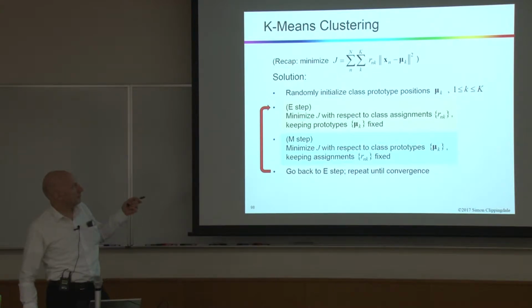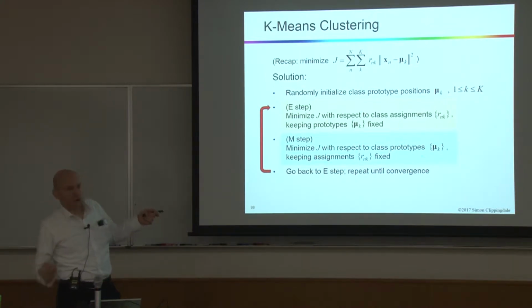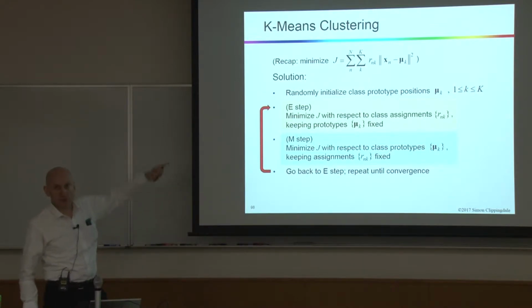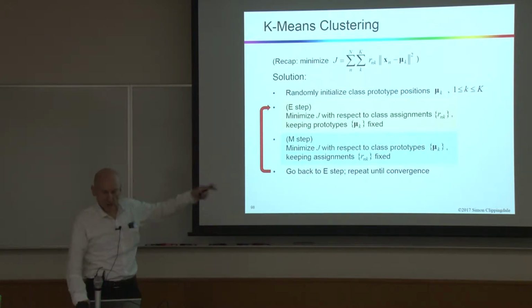Then the E step involves minimizing this error measure with respect to the assignments of each sample to whichever class. You leave the class means where they are, just change the class labeling of all the training data. Then the M step involves, again, minimizing this error measure by moving the class centers around, the class prototypes, but keeping the assignments that you just set up here fixed. Then you go back and do this two-step procedure again and again until nothing changes.